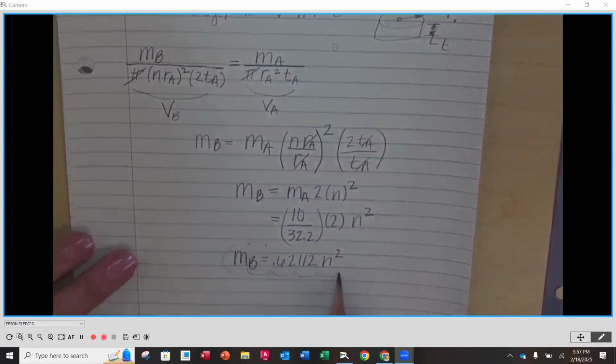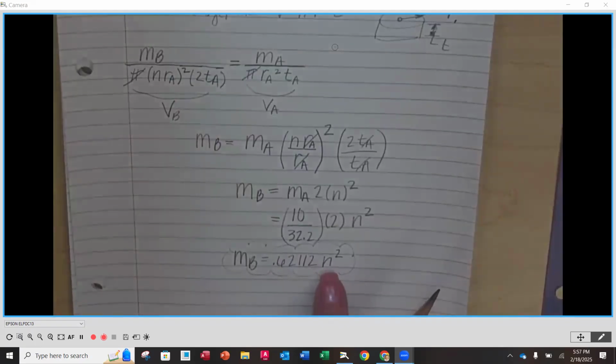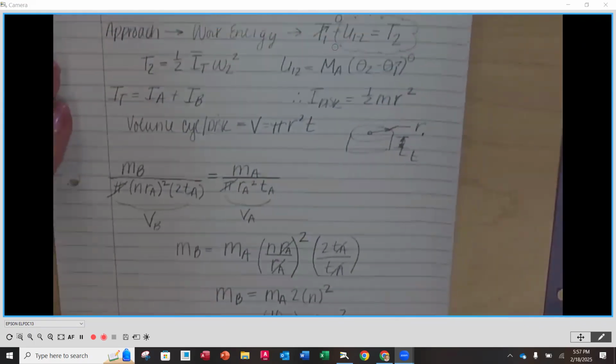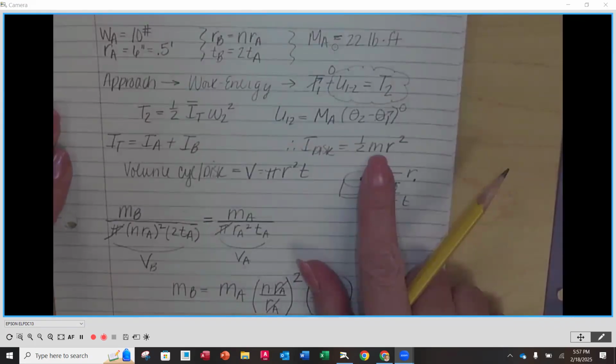Now, this is not a final answer, and there is a variable in here. This is not newtons. This is just the N variable or the multiplier when we want to try to find that radius later on. Now, this allows us to plug that value in when we need to for the moment of inertia of disk B.